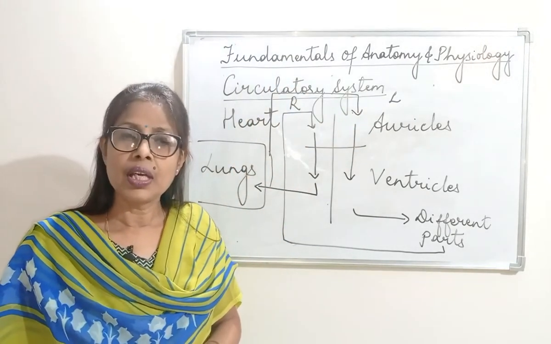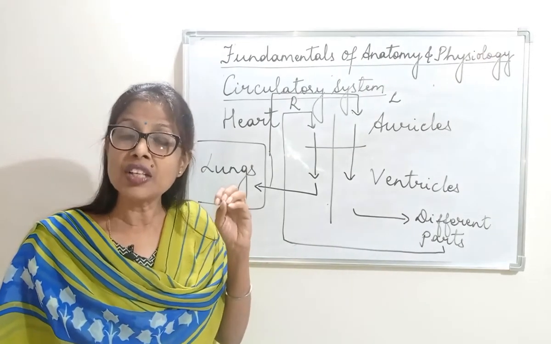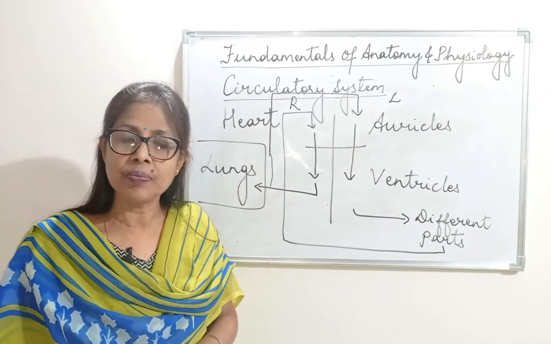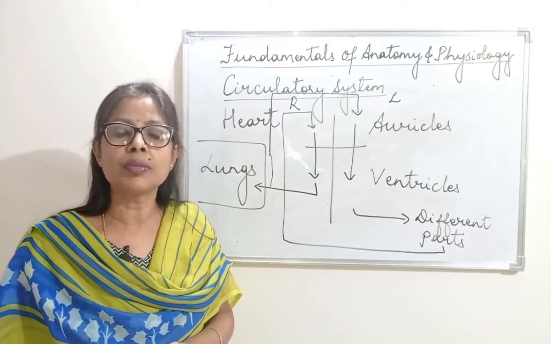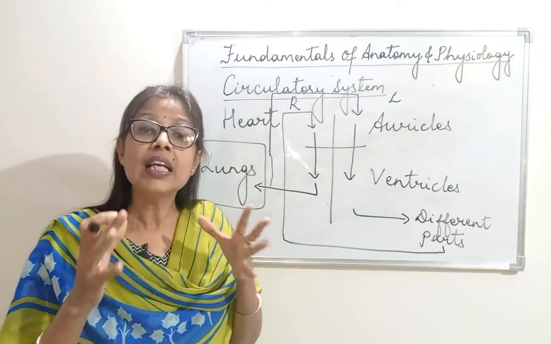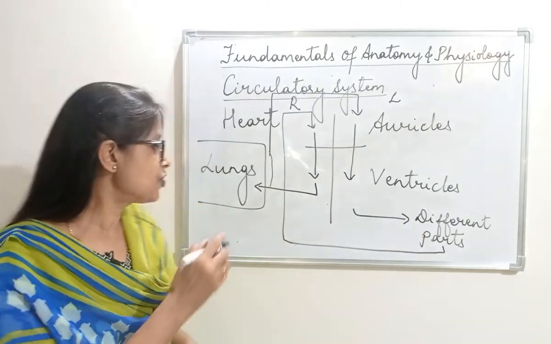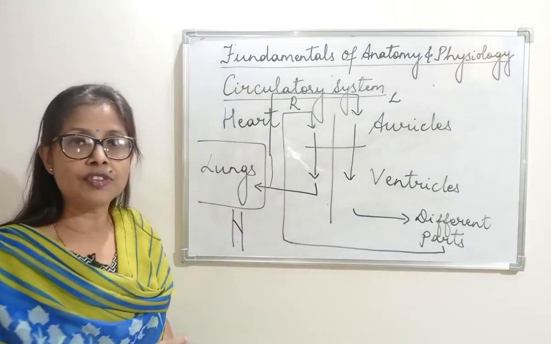Arteries are thick-walled and the blood flows in great pressure, whereas veins are a little thin-walled because veins carry all impure blood and they have a valve. If this is a vein, inside the vein we will find a valve.